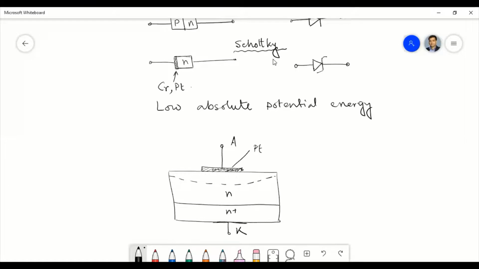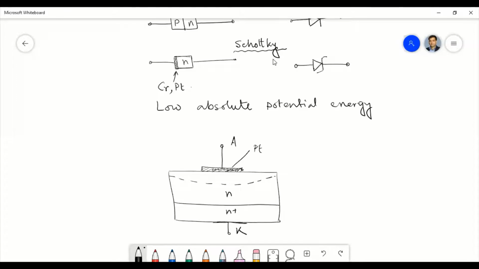Yes, sir, it's coming. Okay, so when we place this metal on the N type substrate, what happens?